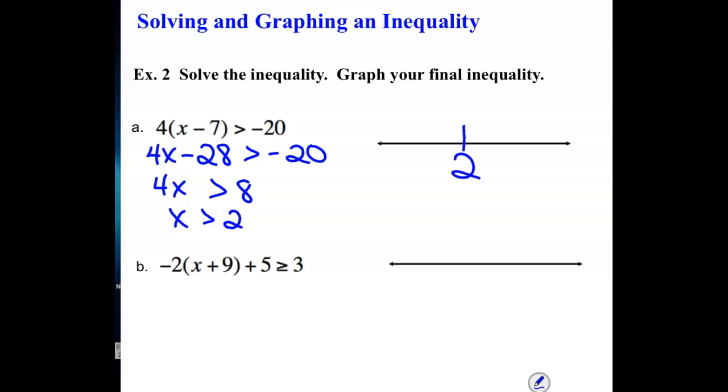On our graph, 2 is our key number. We want values that are bigger than 2. So what kind of bracket? Rounded going right. So my interval answer is that I'm starting at almost 2 and going all the way up to positive infinity. Okay? All right. Next one.